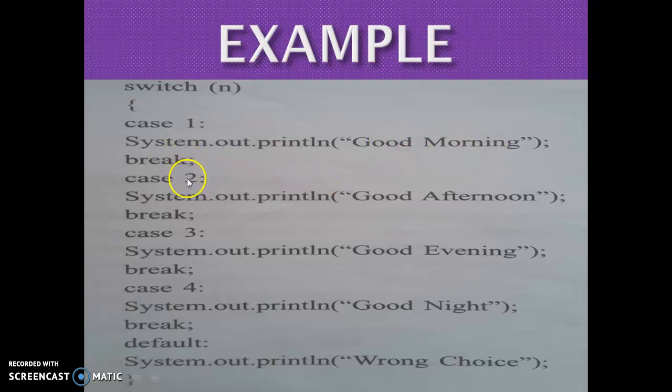If someone gives 2, then it shows good afternoon. If someone gives 3 as input, then it shows good evening. And if someone gives 4 as input, then it shows good night. So according to the user's choice, whatever number the user presses, it shows the corresponding message.